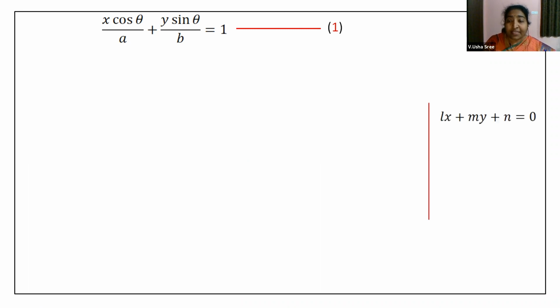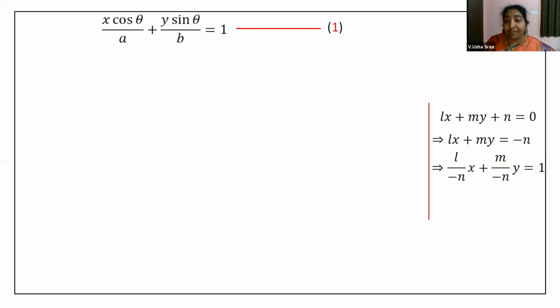Now, Lx plus my plus n equal to 0, when you take, you can always write it as Lx plus my is equal to minus n. Now, in the intercept form, if you want to make the right hand side 1, then what should we do? We should divide either sides by minus n.